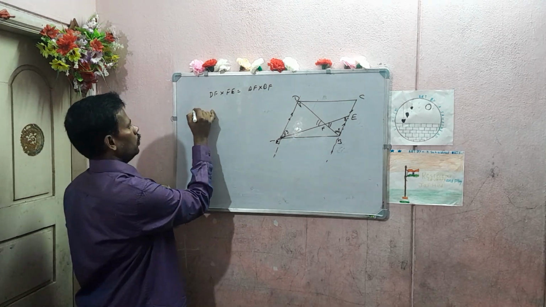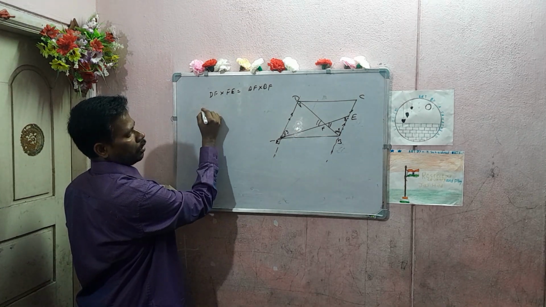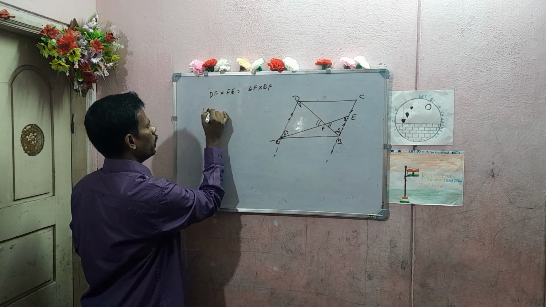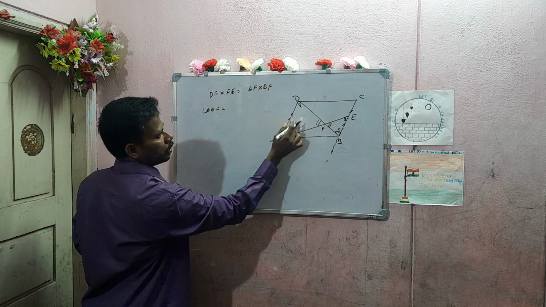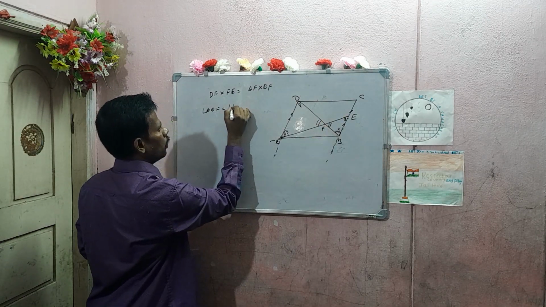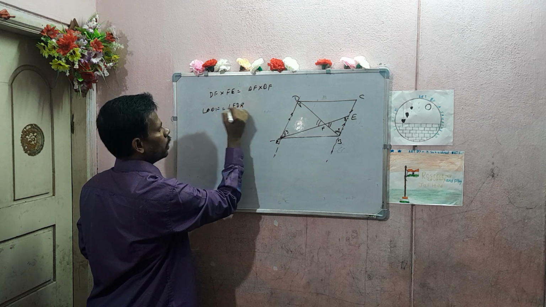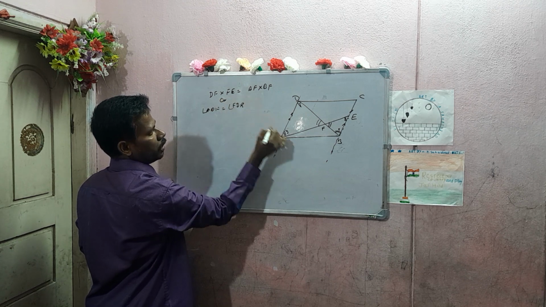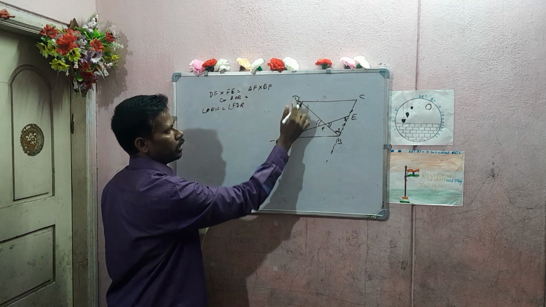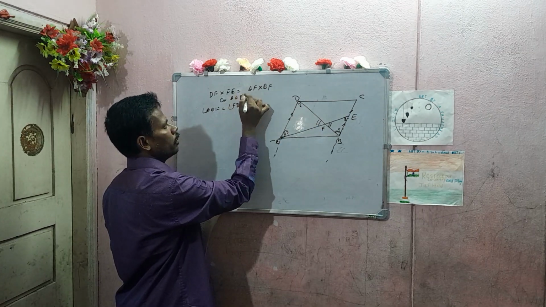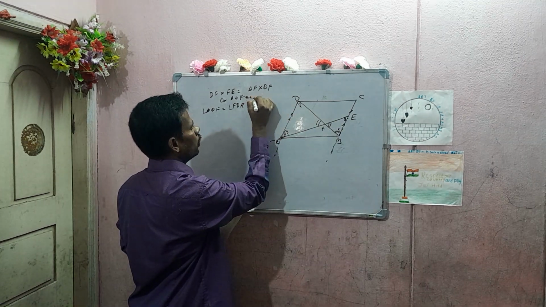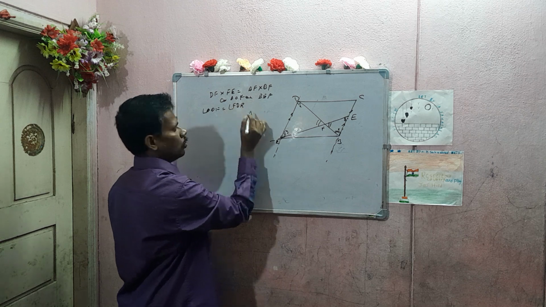Now write down. Therefore, angle ADF is equal to angle FBE. Consider triangle ADF and triangle BEF.